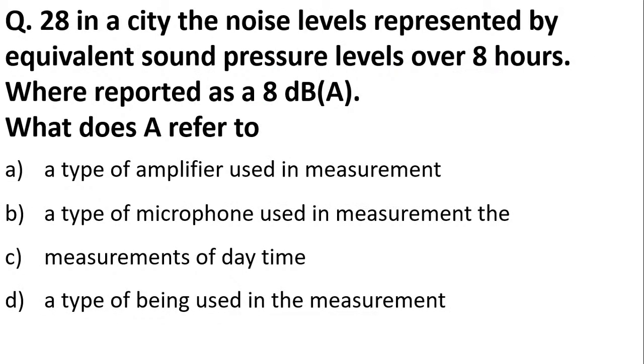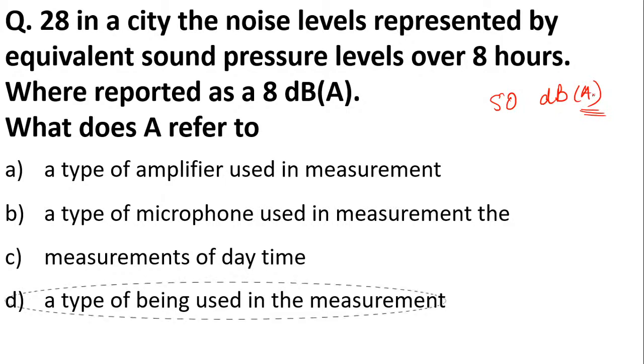In a city, the noise level represented by equivalent sound pressure over 8 hours was reported as 8 dBA. What does A refer to? Sometimes you might have seen a 50 and then they write dBA. So dB means decibel. What is this A? A stands for a type of weighting used in measurement.